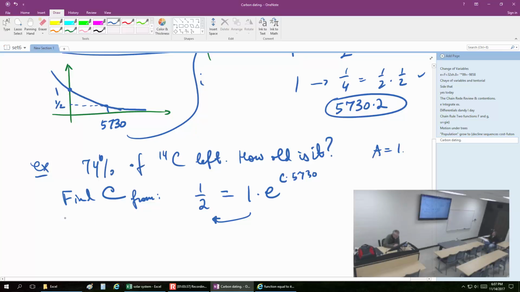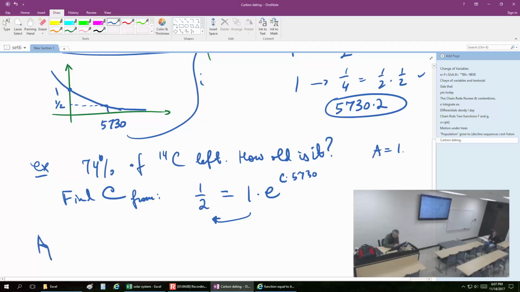Not very good with log, but I think it would turn out to be log base e of C. Well, yes, so use the logarithm. Every time you see a formula with the exponent of base e, you apply the logarithm base e to both sides.